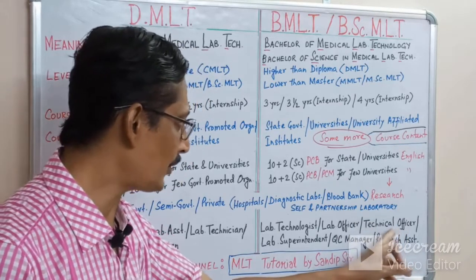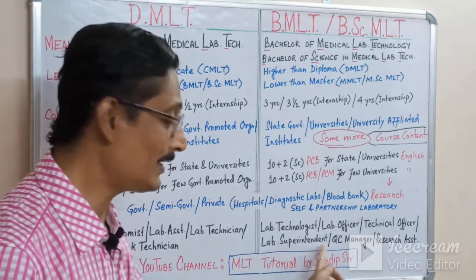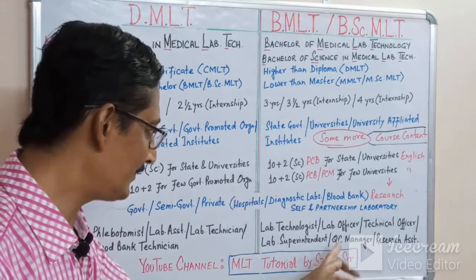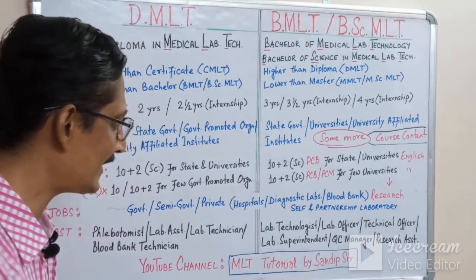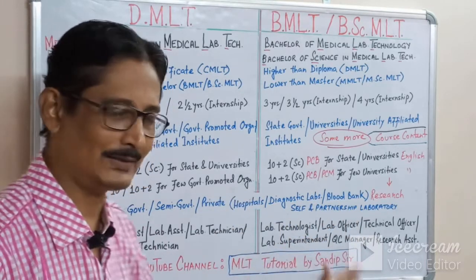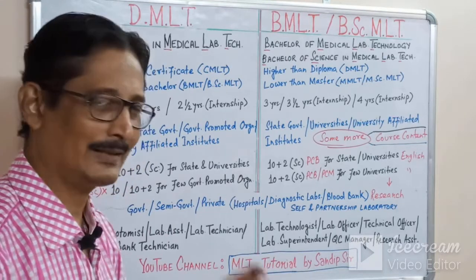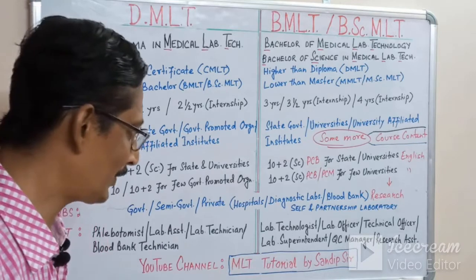The technical officer is very important in the blood bank, along with laboratory superintendent and quality control manager. The QC manager is very much required in all 3 sectors, that is blood bank, diagnostic lab and hospital, because quality control is the main thing in a laboratory that regulates the reports generated from your laboratory.